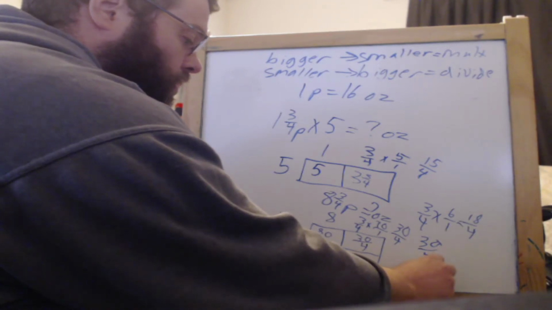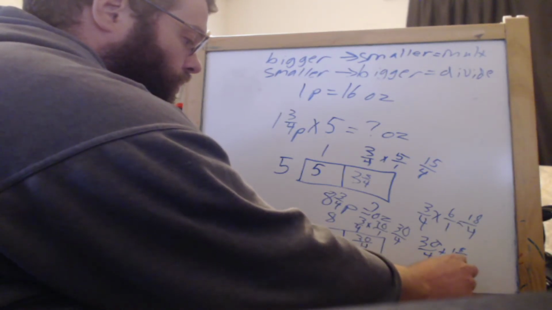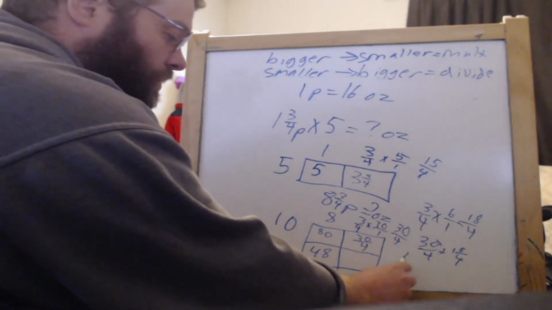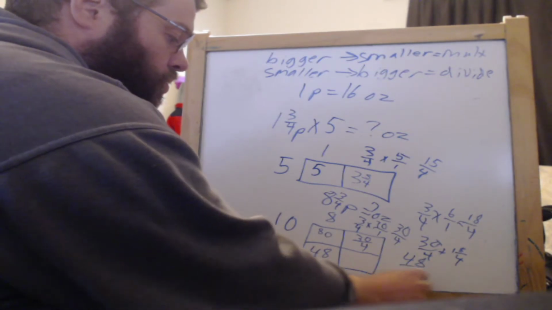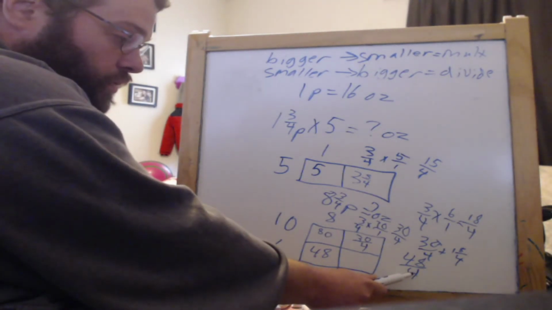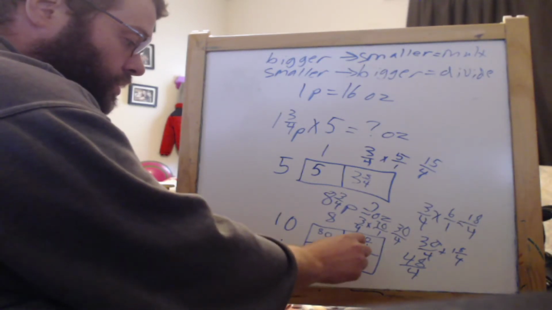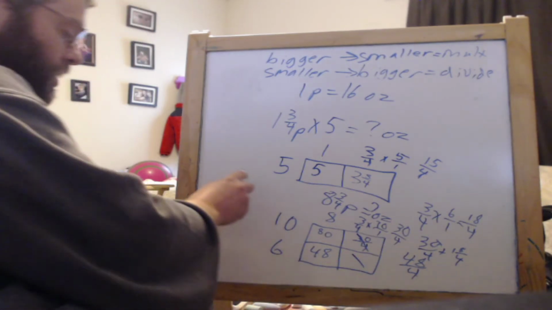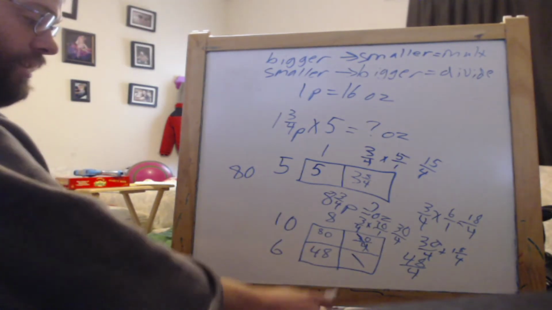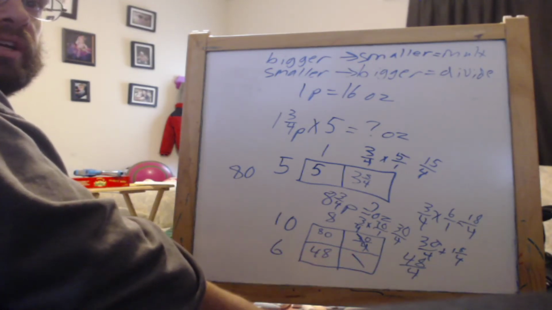30 over 4 plus 18 over 4. So 30 plus 18 is 48, so that would be 48 over 4, right? And I know that 48 over 4 equals 12, because 48 divided by 4 equals 12.